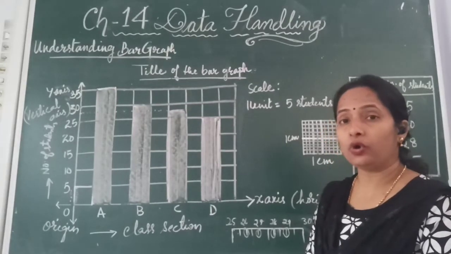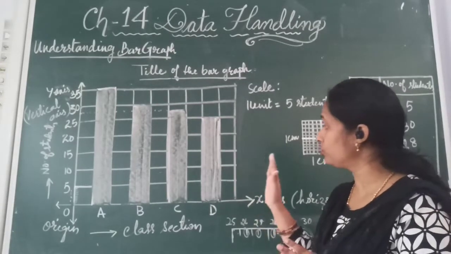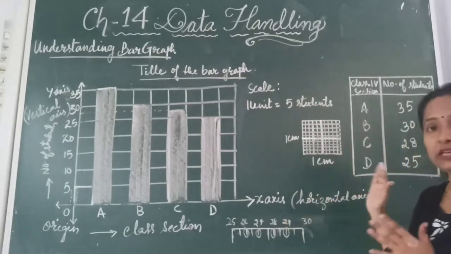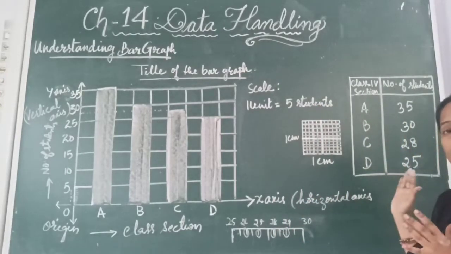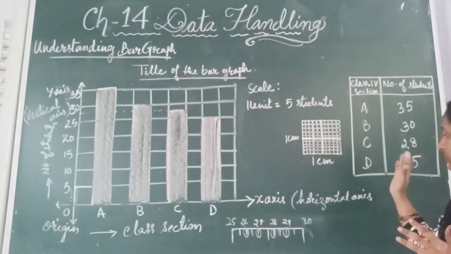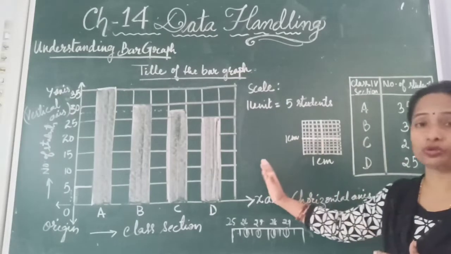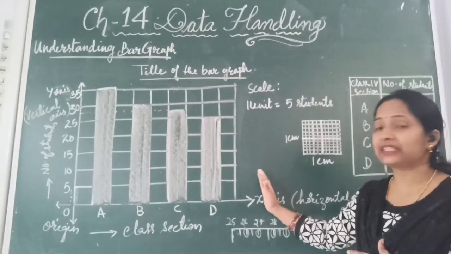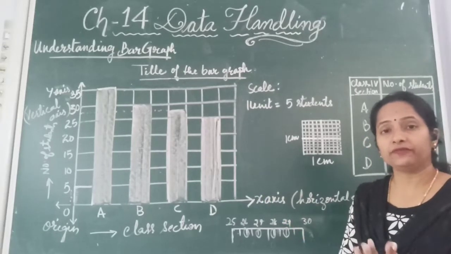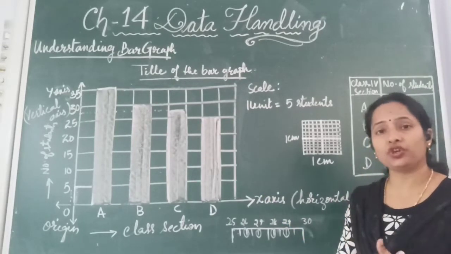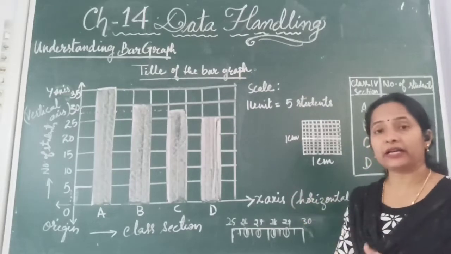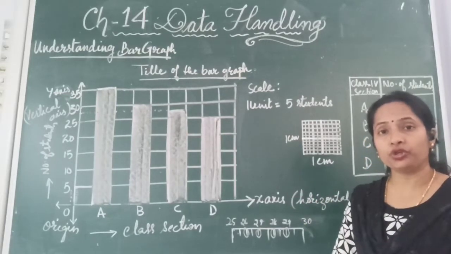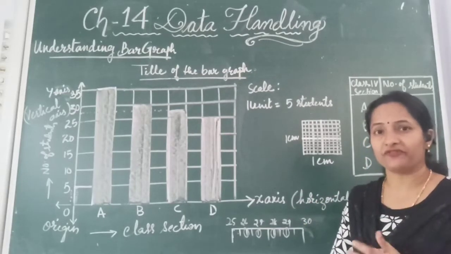So children, I hope you understood how to read the given tabulated data, or the tabular form, and how to draw the bar graph using it. In the next case I will give you information about the interpretation of data using a bar graph, where I will show you a horizontal bar graph. Why?